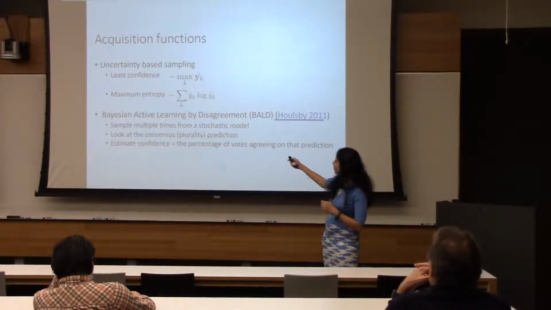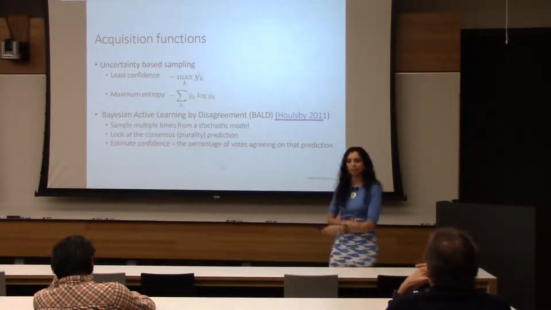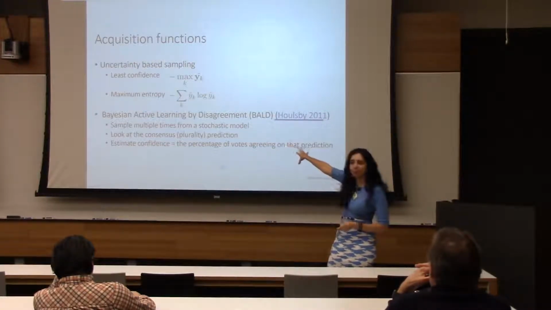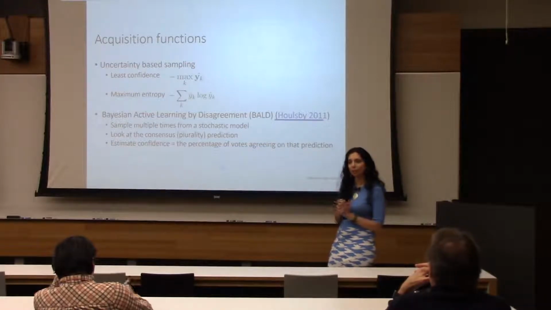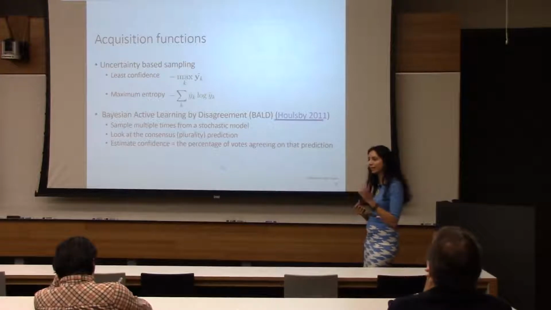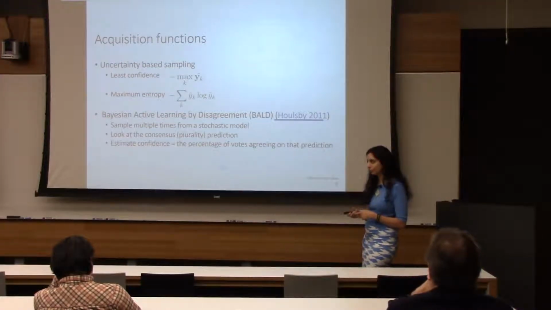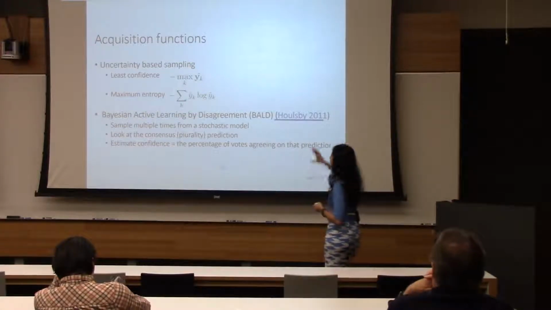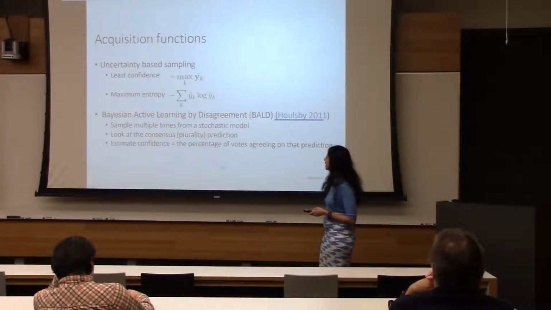When you're looking at the max, you're only looking at the top softmax output, right? And then we said the maximum entropy was considering all the categories, not just the top category, and so it could be much more informative, at least in the information theoretic sense, on where the most uncertainty is. So if you just had your frequentist setting with your softmax classifier, this is all you could get at. You can't get more.